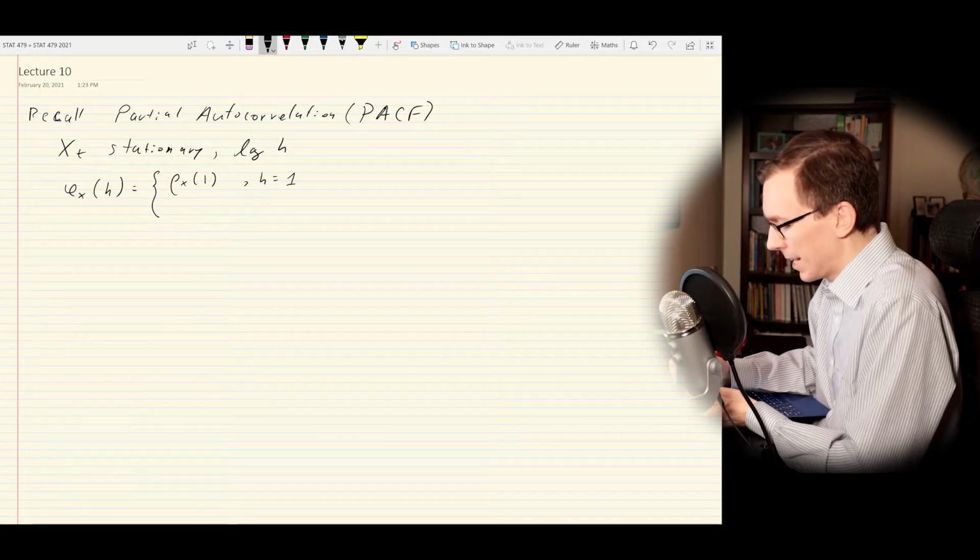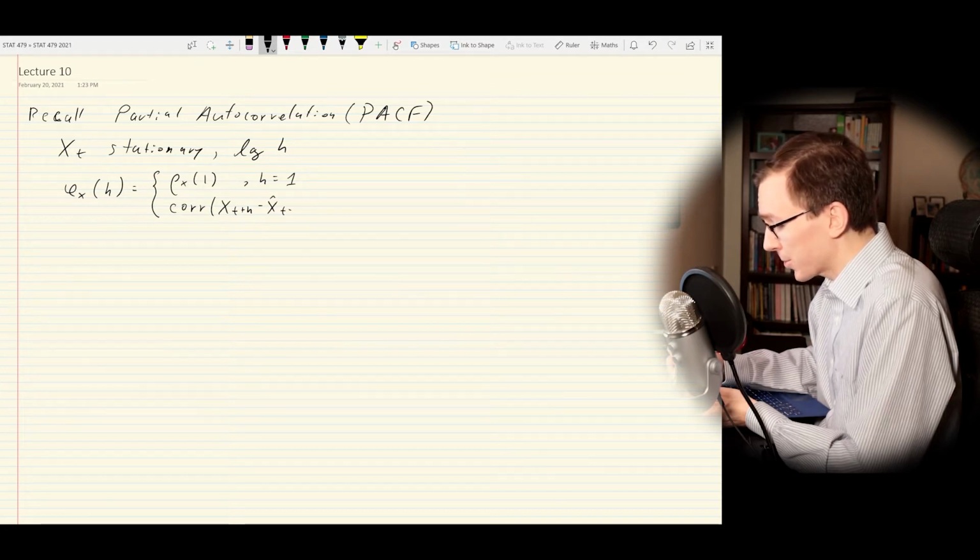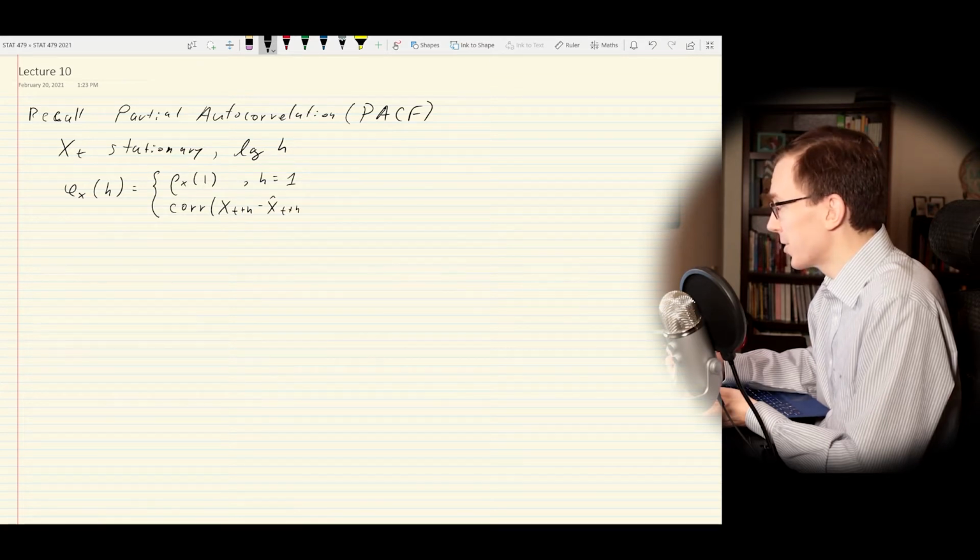And if it's not at lag 1, then we compute the partial correlation between X_{t+h} and X_t. The partial autocorrelation is going to look something like this.